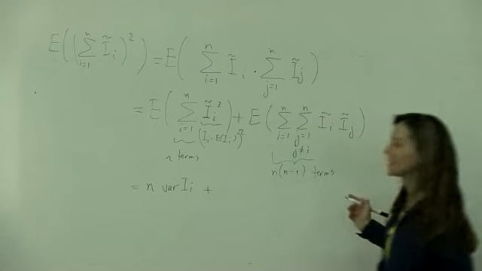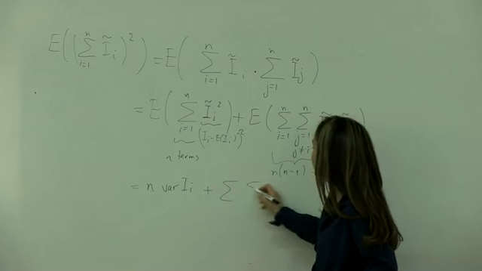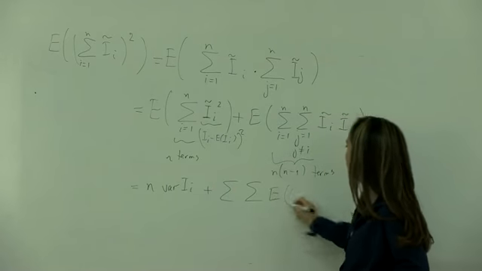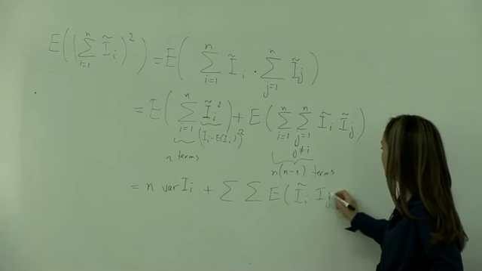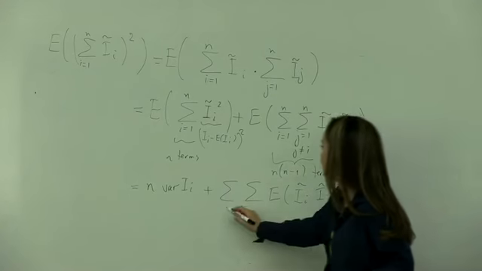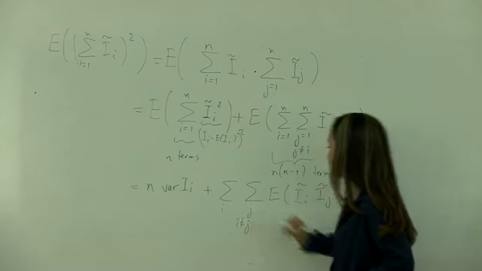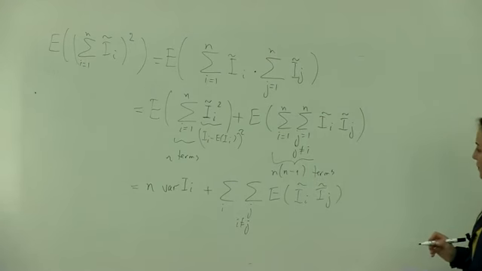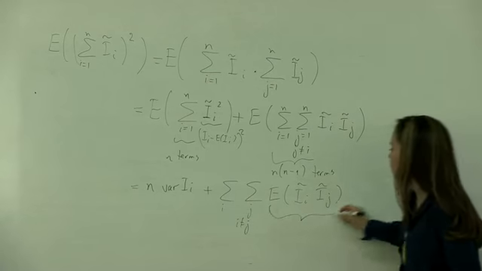The next part is more exciting. Okay, so I'll go slowly here. I'll just move the expectation inside the two summations. And I have, again, my terms, i and j, i is not equal to j. Okay. So, tell me this term.